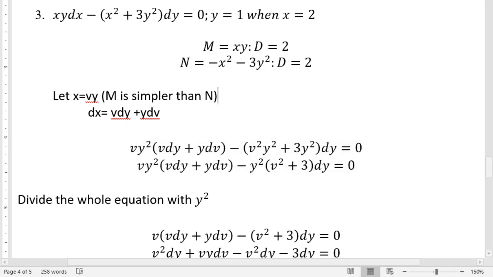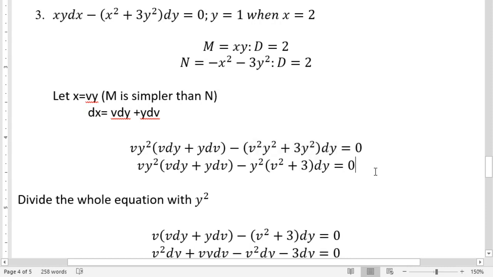And then minus x squared. So, x squared natin si vy, so v squared y squared plus 3y squared, quantity dy is equal to 0. And then, we can factor out y squared from the second term, kasi both sides may y squared.